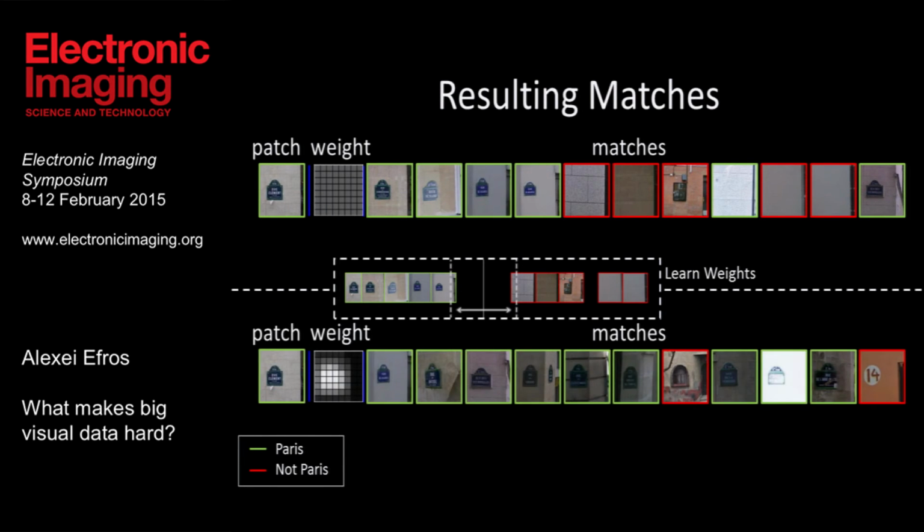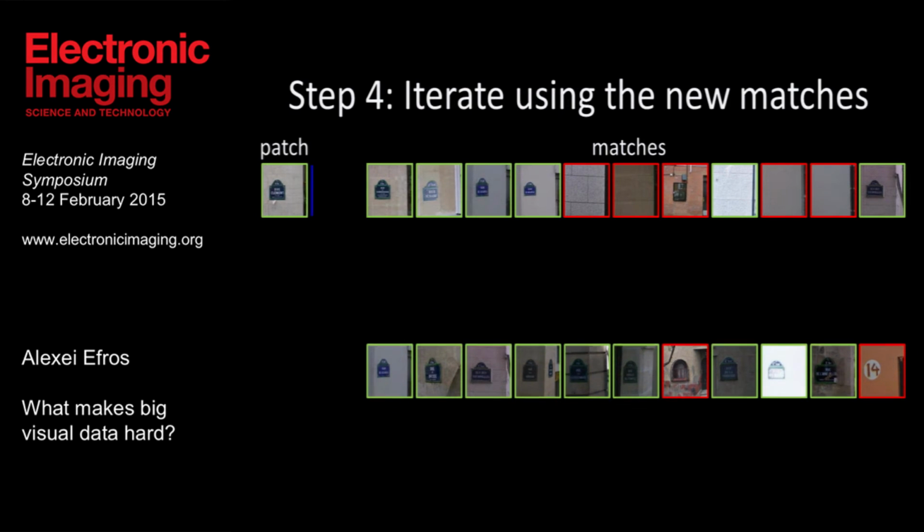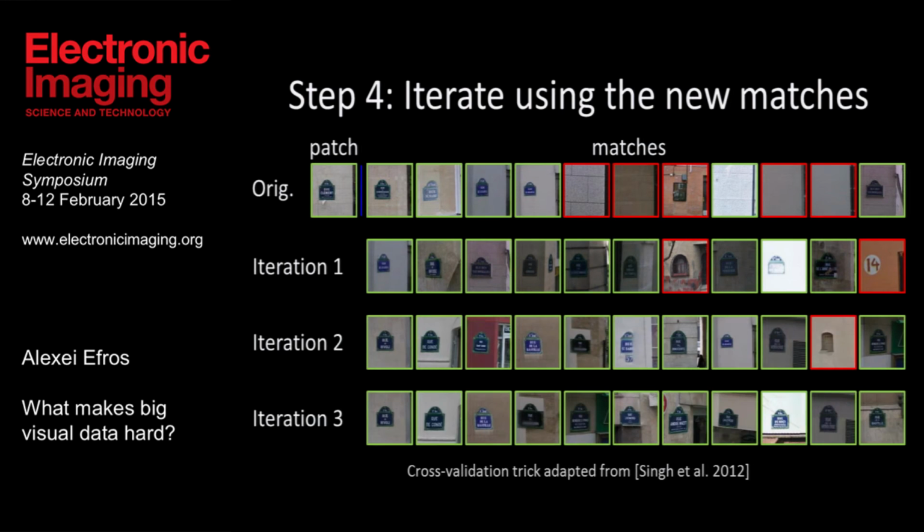And yeah, so after running a little linear SVM, we can get something that is better, so we can rerun the nearest neighbors and it gets better. Then we do it again, a couple of more iterations, and it just gets better and better and better.